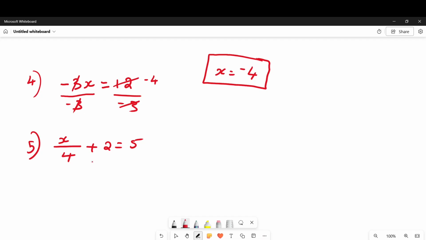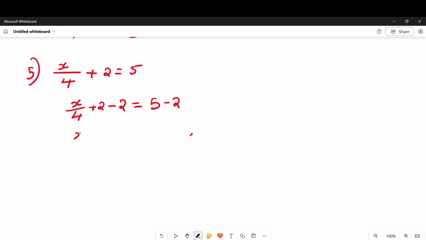So x divided by 4 plus 2 minus 2, and on the right hand side 5 minus 2. Then x divided by 4, and minus 2 and minus 2 gives 0, so it equals 5 minus 2, which is 3. Now see, here the denominator has 4: x by 4 equals 3. So we need to remove the 4 also from the left side.